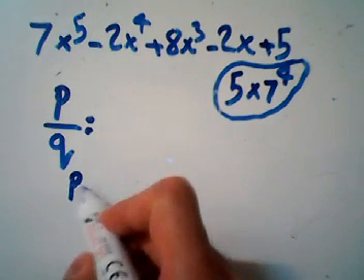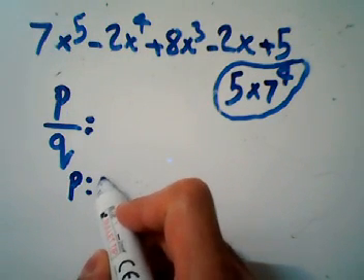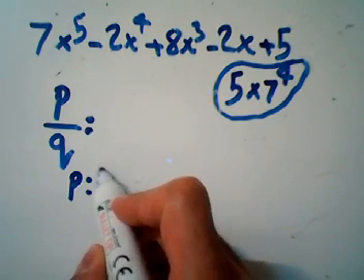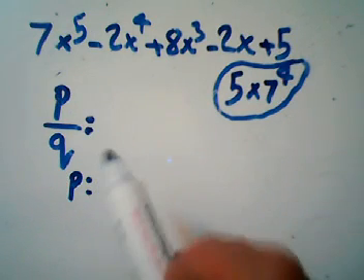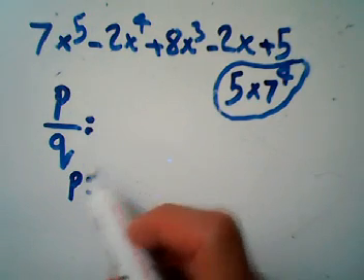So p could be a divisor of 5, positive and negative.